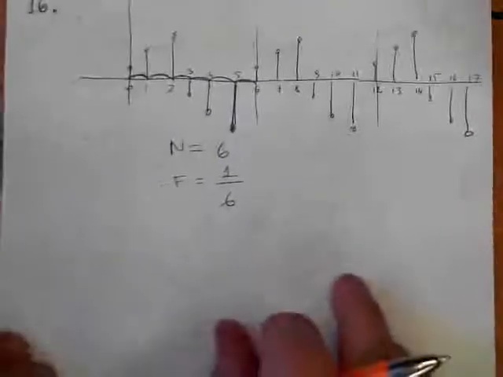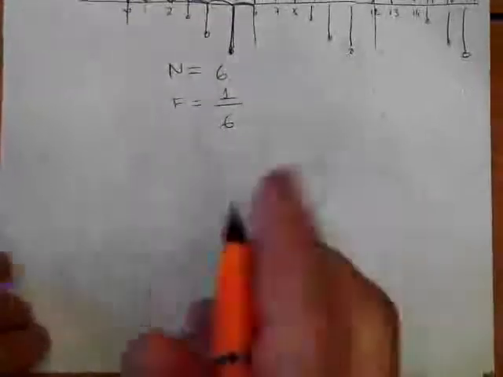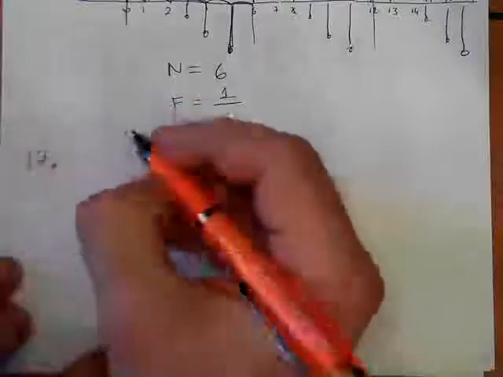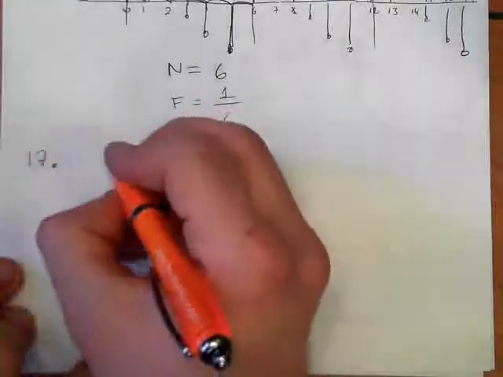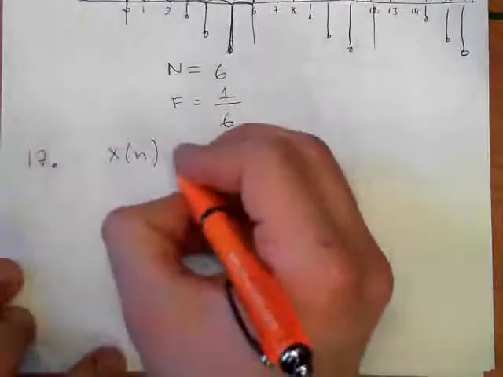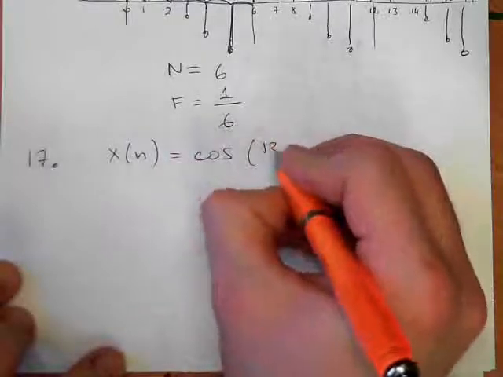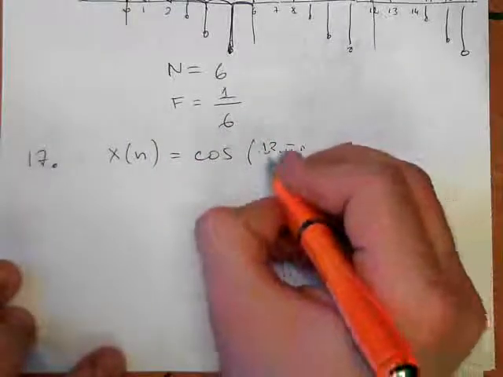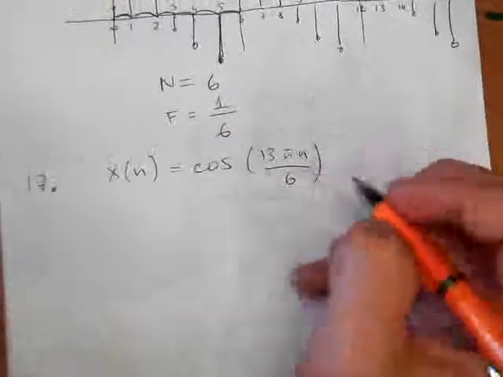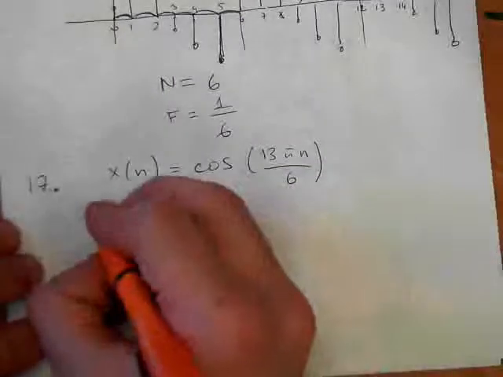Now what is the next question? 17. Signal x[n] = cos(13πn/6).